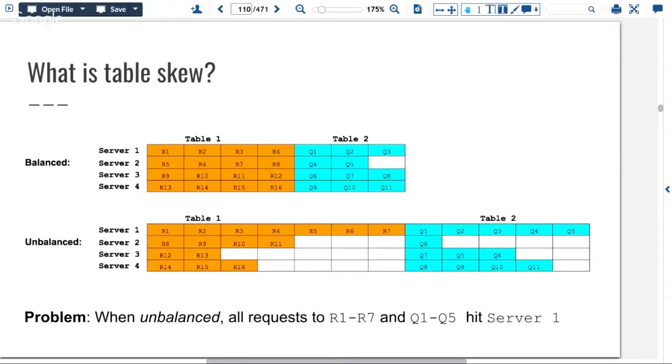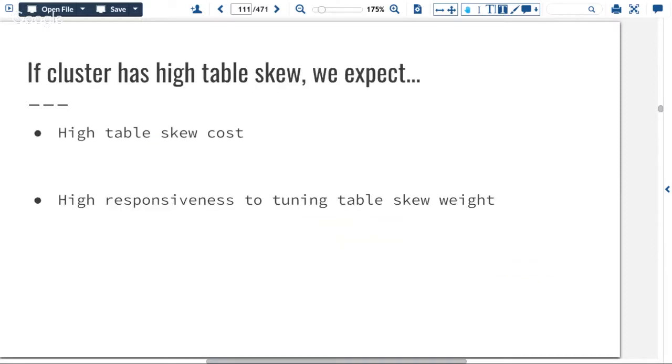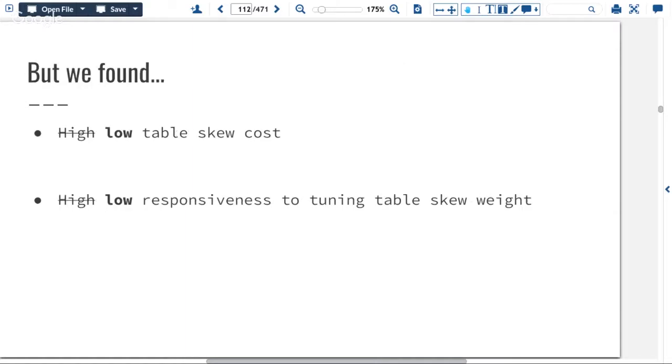And so we notice that when table skew is low, meaning when the cluster is balanced, we hopefully better distribute those requests across the cluster. So if the cluster has high table skew, we'd expect to find a high table skew cost reported by the balancer and a high responsiveness to tuning that table skew weight. Instead, we dug in and we found that there's actually a low reported table skew cost and a low responsiveness to tuning that table skew weight.